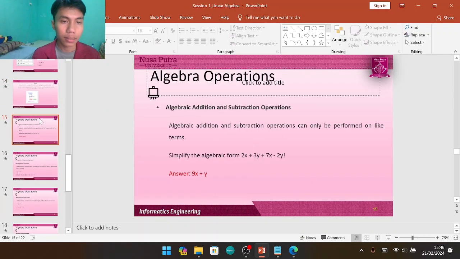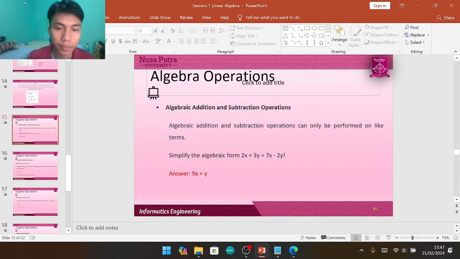Next, algebra operation. Algebraic addition and subtraction operation can only be performed on like terms. Simplify. So there is an example question. Simplify the algebraic form 2x + 3y + 7x - 2y.